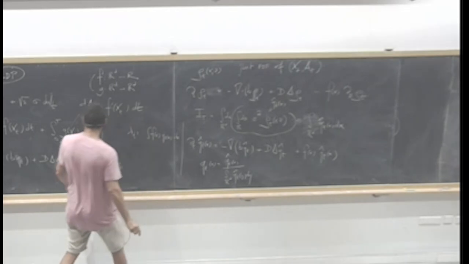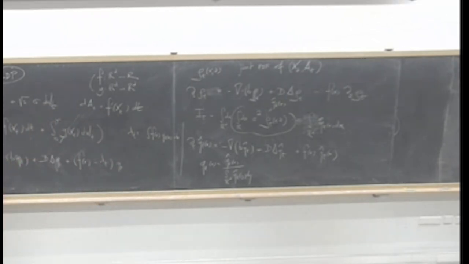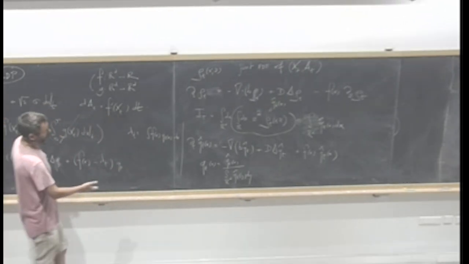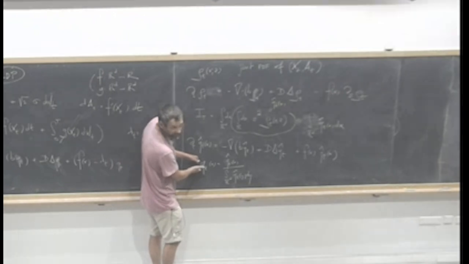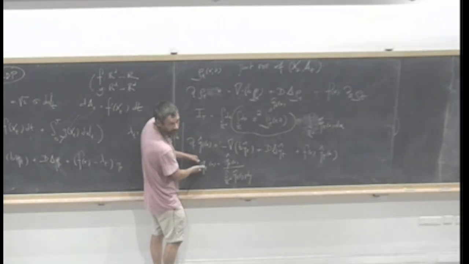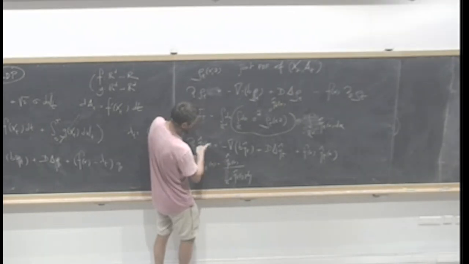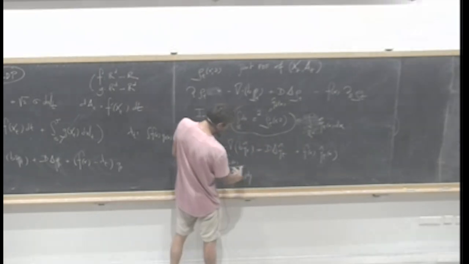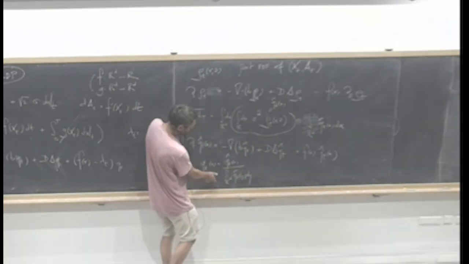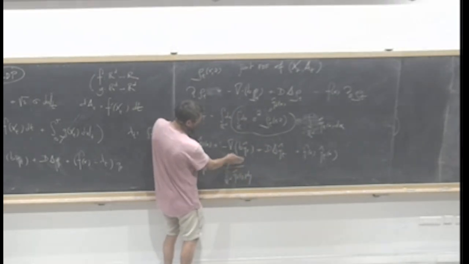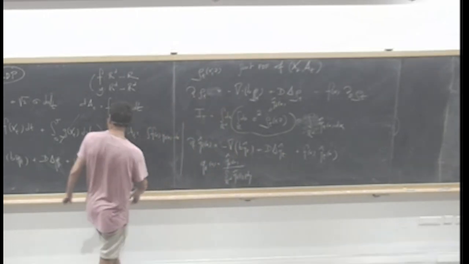Let me first think a little bit about what happened here. If you try to write down an equation for this guy, you're going to get the term that involves the dt of q hat, and when you divide by that, you get all of this equation divided by this. But since this doesn't depend on space, you can put it inside all of it. So that gives you all of these terms.